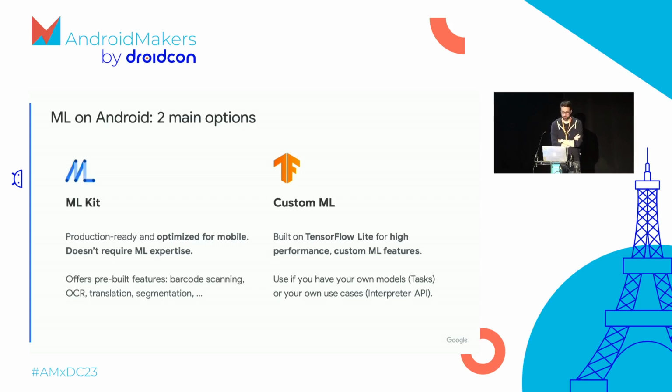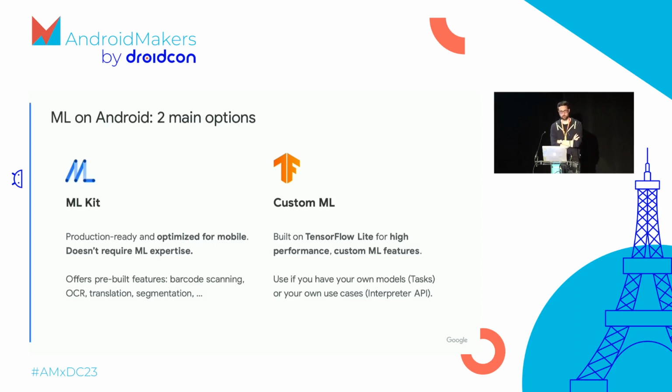For example, some of the features we have in MLKit are barcode scanning, OCR, which is reading text from an image, and even Google Translate. You can run that inside of your app if you want to translate messages from people in conversations or in threads or in articles or whatever. Image segmentation, all of those are things that you can just use regular Android APIs to interact with. And we take care of all the machine learning below that for you. You don't have to understand any of that.